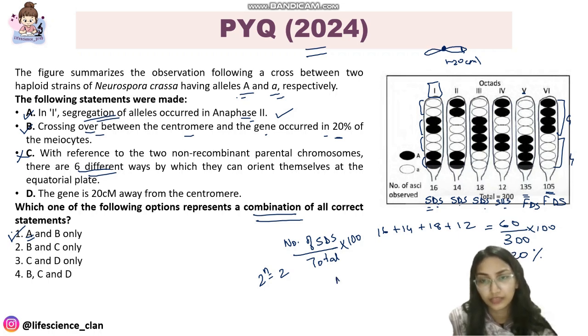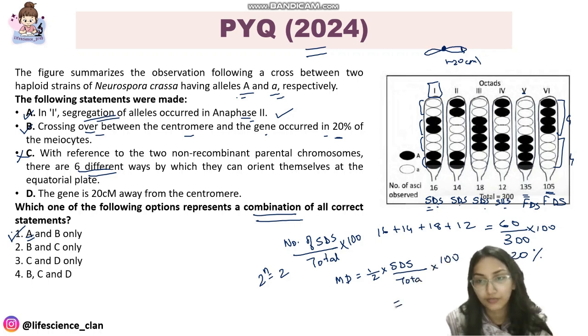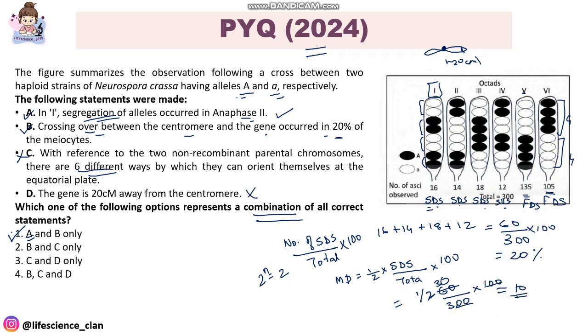Map distance is equal to half into SDS number upon total into 100. So our answer will be half into 60 upon total, that is 300, into 100. So considering this, answer will be 10. So that is why this is also wrong and our correct answer is option 1.